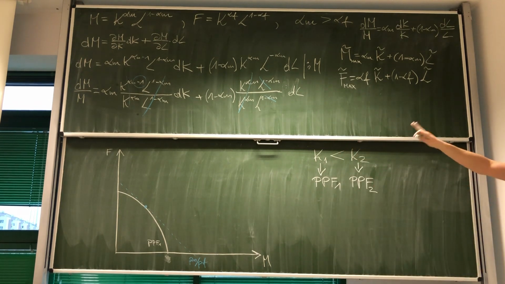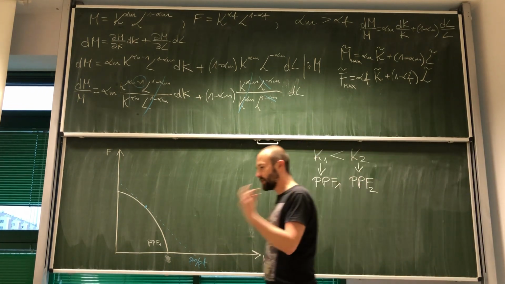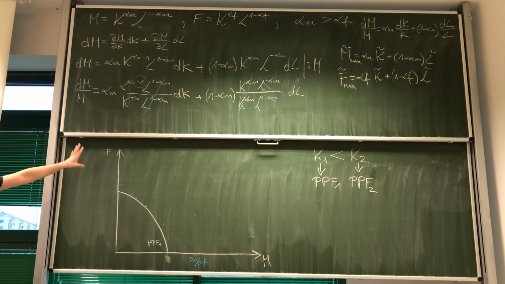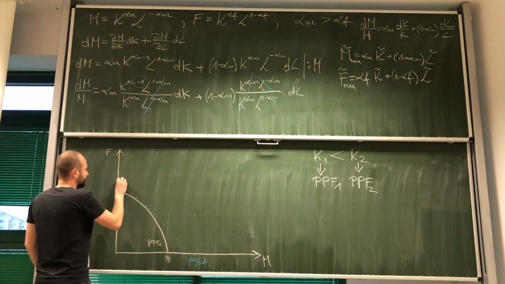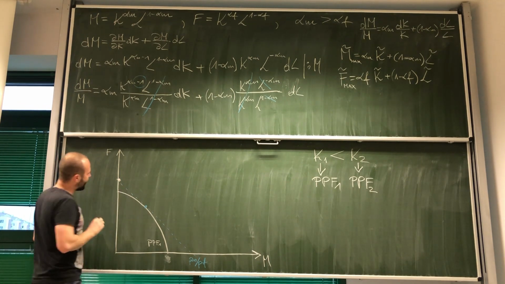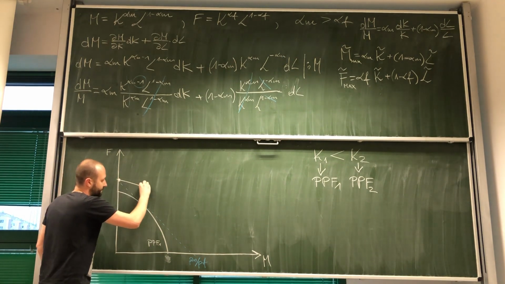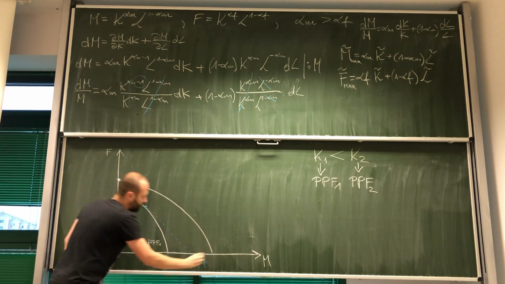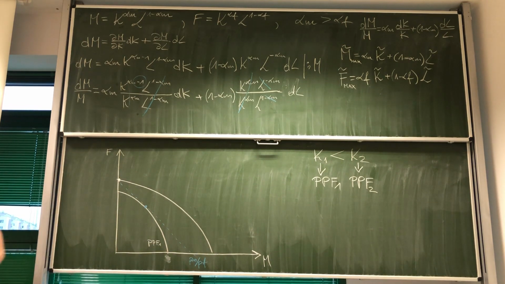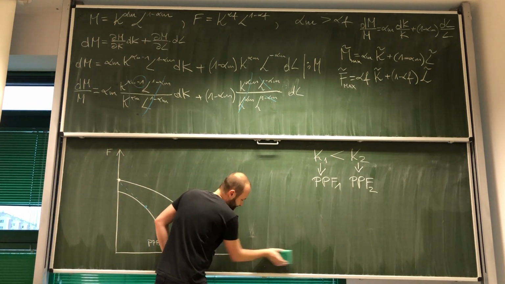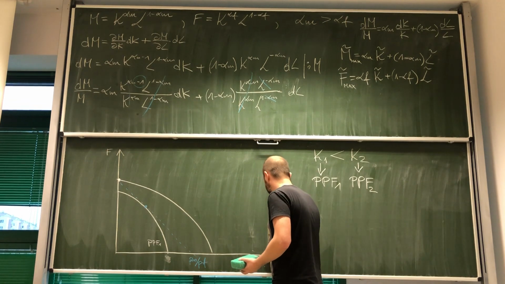And look, according to what we specified over here, we should expect that because production of manufacturers is capital intensive, while production of food is labor intensive, then we would be able to produce a little bit more of food, but we should be able to produce way more of manufacturers. Actually, you know what I'm gonna do here is I'm gonna make this line even longer.